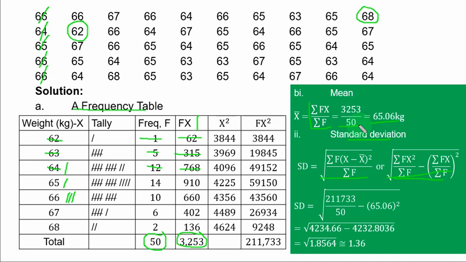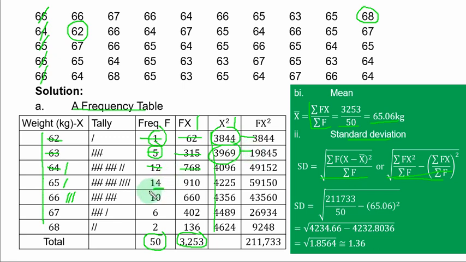So by the second formula, I need to compute s squared. So you come and square each value here. If you square each value here, you have this result. Then for fs squared, you use the frequency 1 to multiply the first s squared here, you get this result. The next frequency is 5 times the next number, you get the second one.